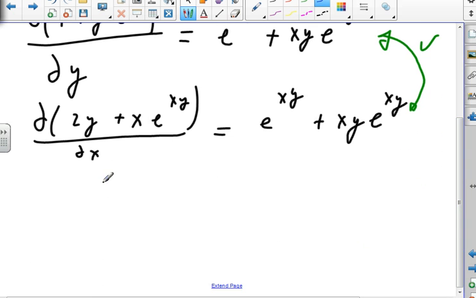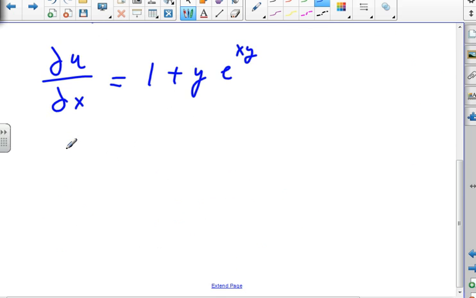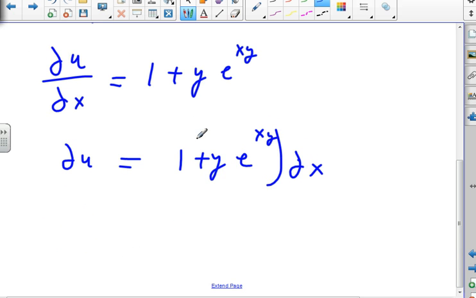Okay, so now the partial of u with respect to x has to be the first guy, 1 plus y e to the xy. And I'm going to take the partial of u, 1 plus y e to the xy, partial of x, integrate both sides.